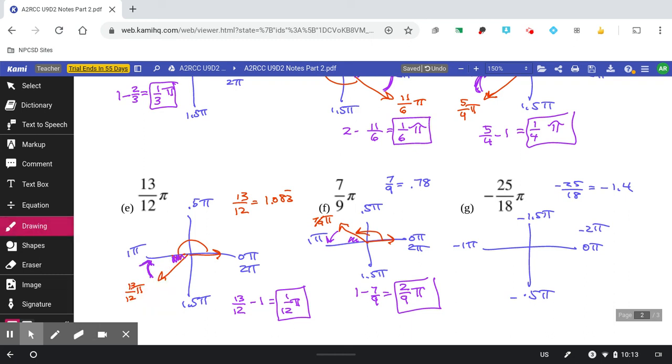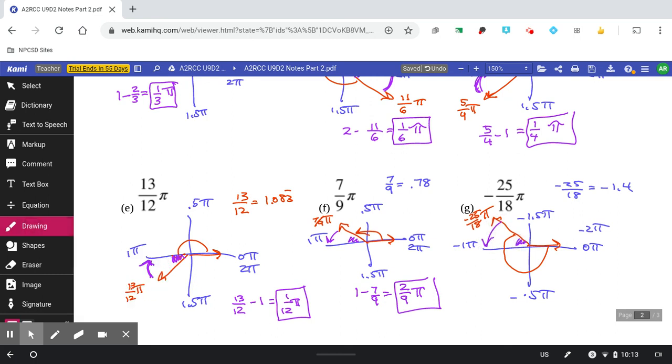So I'm going to go ahead and start on my initial side, and then I'm going to go in a clockwise direction this time because it's negative. And I'm going to go past 1, but not quite to 1.5. So this would be at negative 25/18 pi.